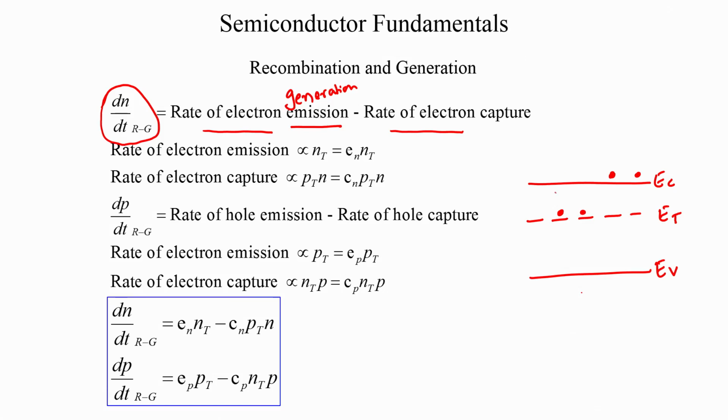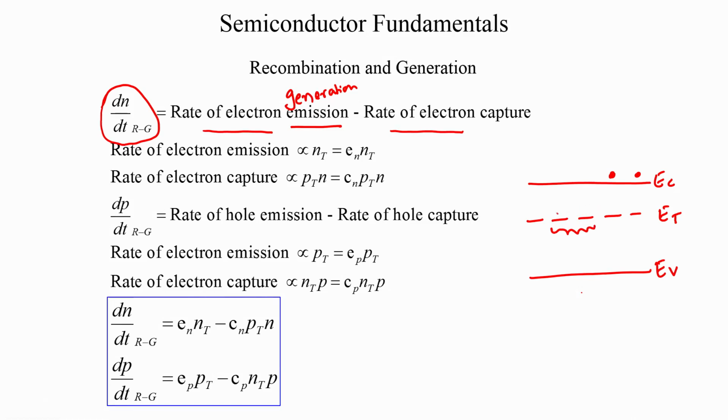The rate depends upon the number of electrons present in the trap states. If none of the trap states have any electrons, the rate at which electrons are emitted is 0, because there are no electrons to be emitted.